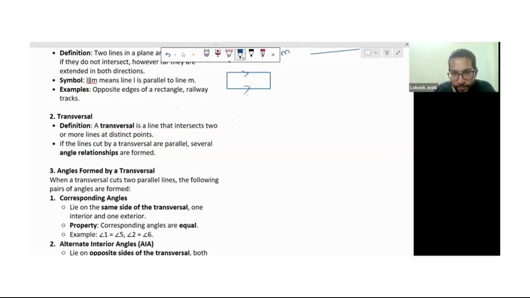For example, this one is line L and this one is line M. If we have any line like this, suppose it's N, then we can say it's intersecting L at this point, suppose O1, and also intersecting M at a different point, O2. We can say O1 and O2 are different points. So in such a case, we can say N is a transversal.